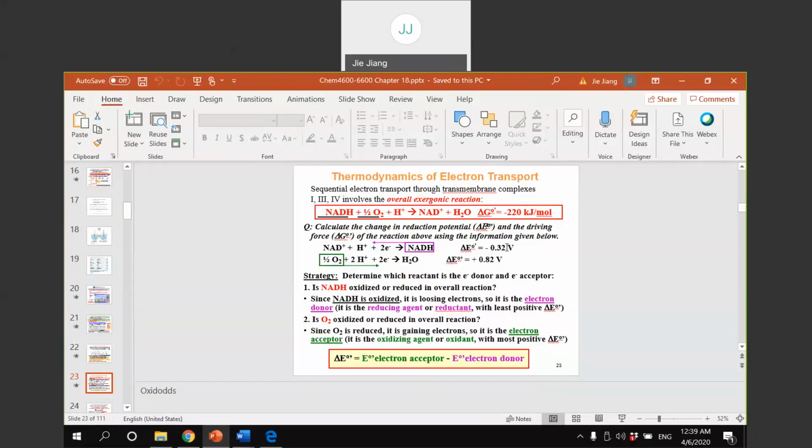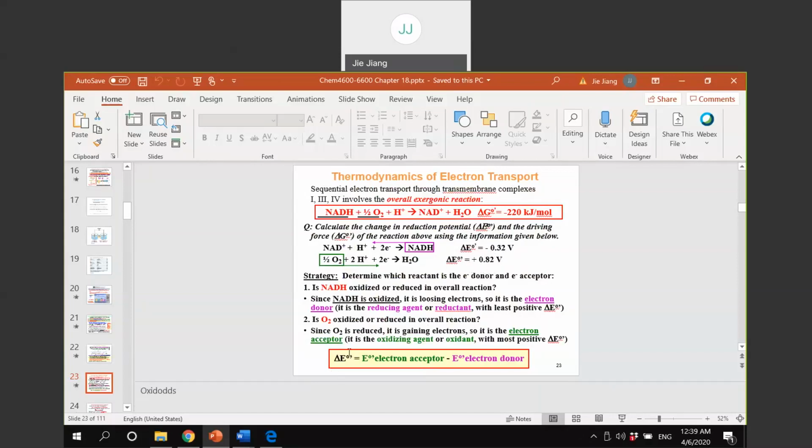So let's say the cell potential for this half, NAD, is negative 0.32, oxygen positive 0.82. Which one will be your electron acceptor? Which one will be the electron donor? The more positive one will be the electron acceptor, which means it should be oxygen.